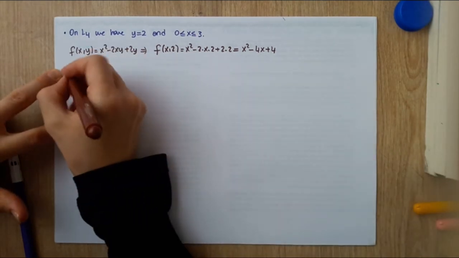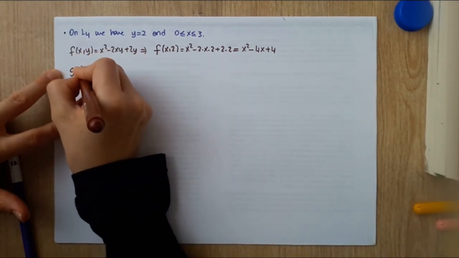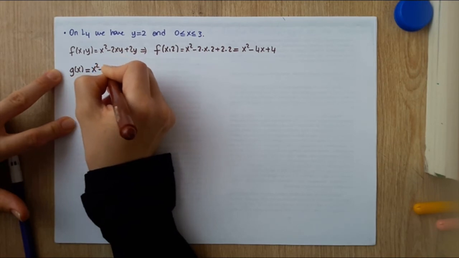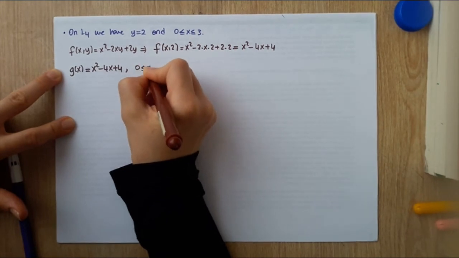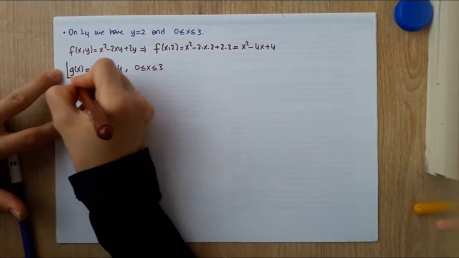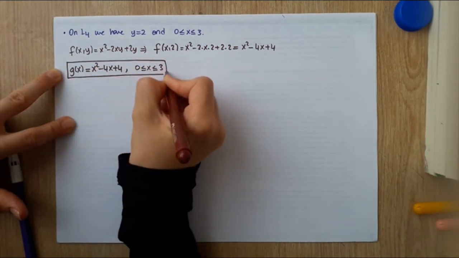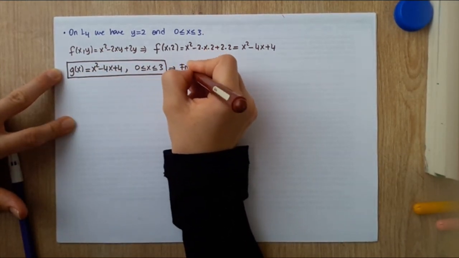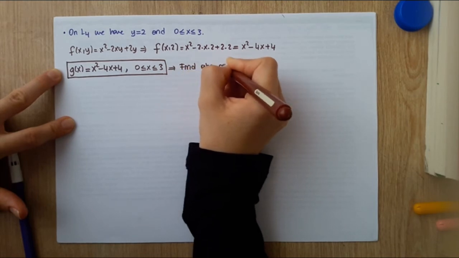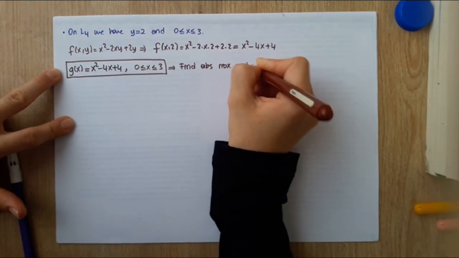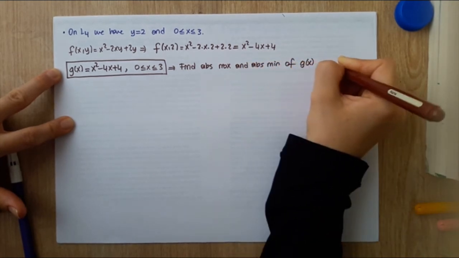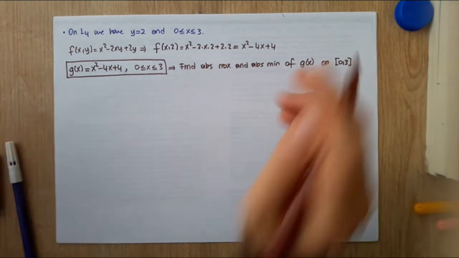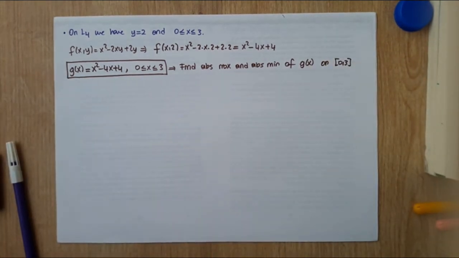So if I define g of x equals x squared minus 4x plus 4, and I take the interval as 0 to 3, now the problem in this step turns to finding the absolute max and absolute min of g of x on [0, 3]. The absolute extrema problem in single valued functions, right?